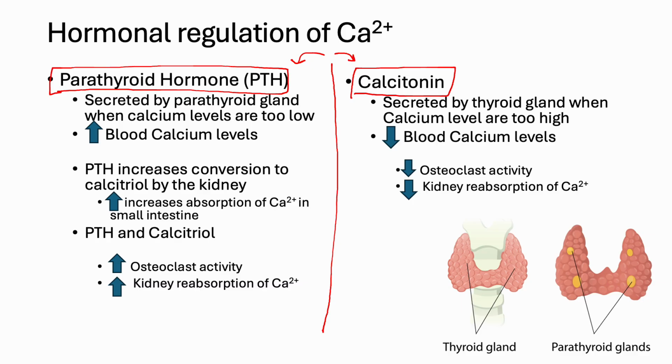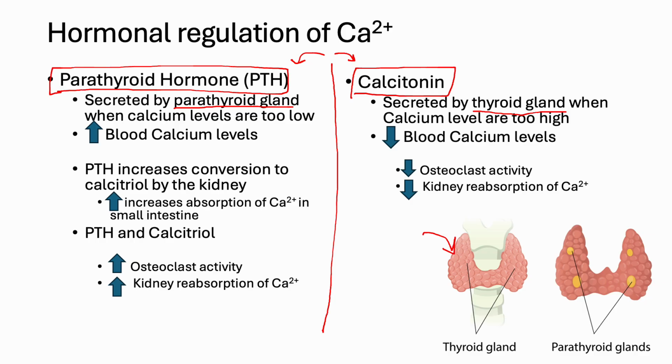Now, these are hormones. Those are just chemical messengers or chemical signals that travel through our bloodstream. Hormones are typically produced by endocrine glands. So we have the parathyroid gland here and the thyroid gland. Just to show you an image of where that thyroid gland is, if you're having trouble remembering from our first lesson, here's our thyroid gland.